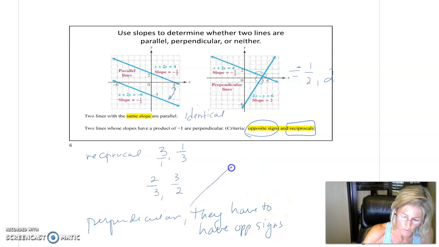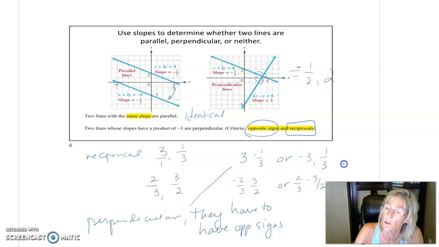So for them to be perpendicular, we would have 3 and -1/3 for an example, or -3 and 1/3. Here, one of these would have to be negative, either -2/3 and 3/2, or 2/3 and -3/2.